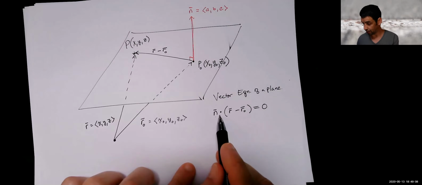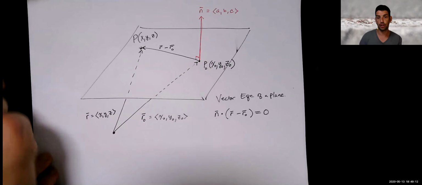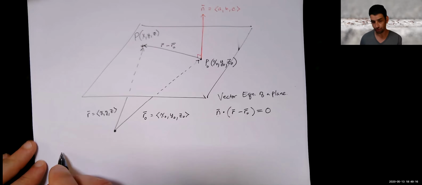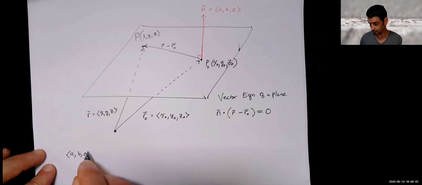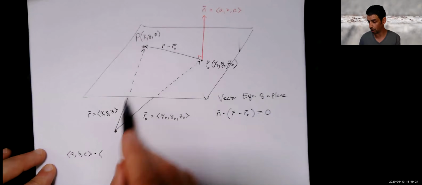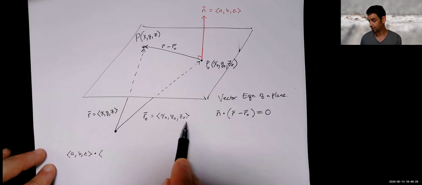We can write this out a little differently. Let's do just a little bit of work. We've got n is ABC, dotted with r minus r naught. Well, r is the vector x, y, z. R naught is x naught, y naught, z naught.